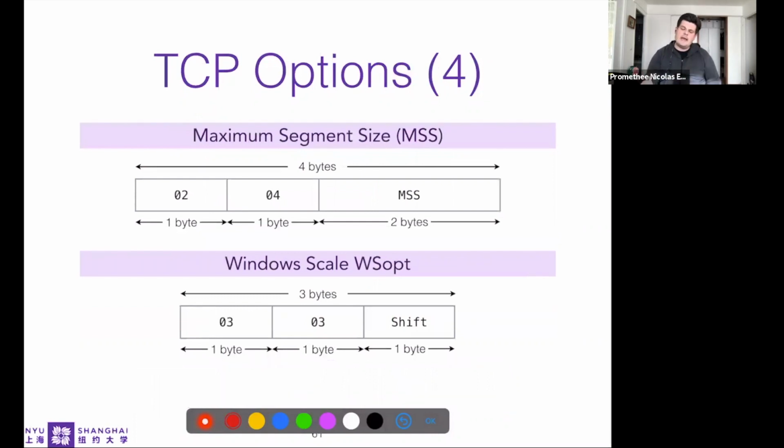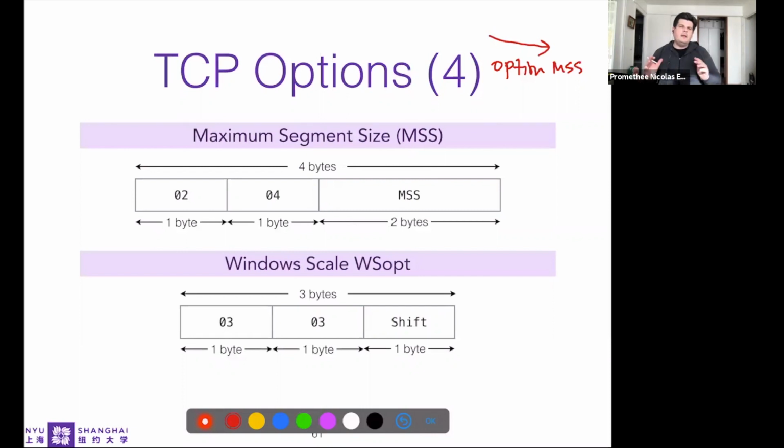It means that when I send this option, the MSS, to somebody, I expect them to never send me segments larger than the value that I provided. So this is not regarding my segments. I indicate to the sender that I'm not willing to receive segments larger than that.